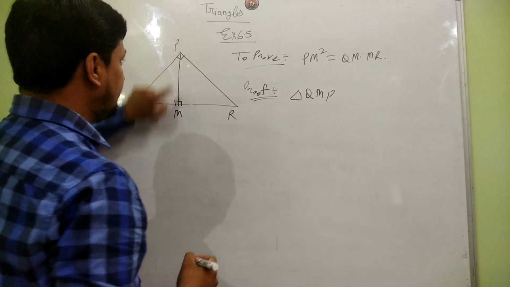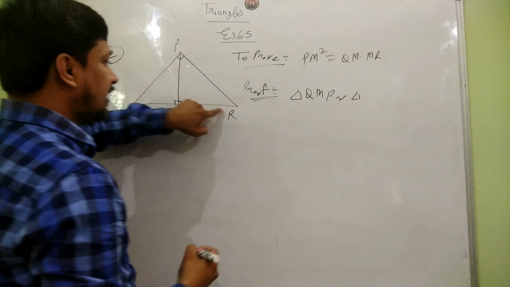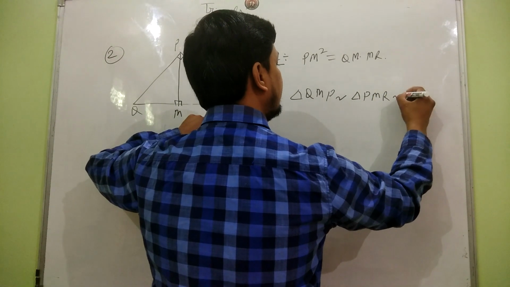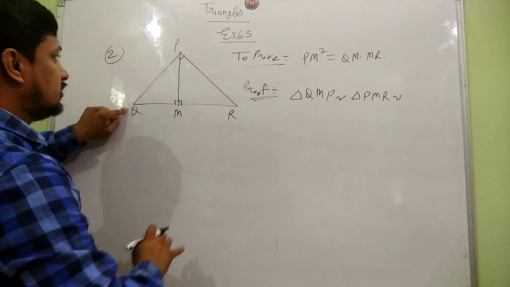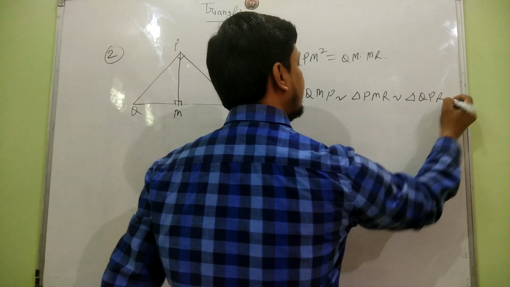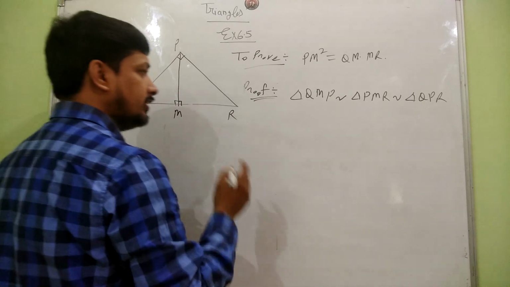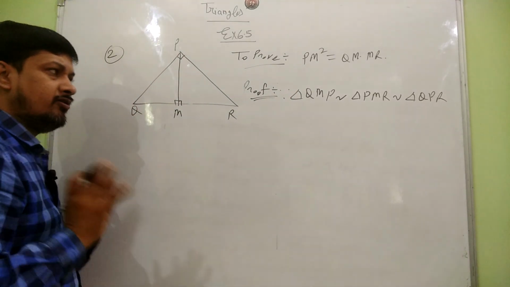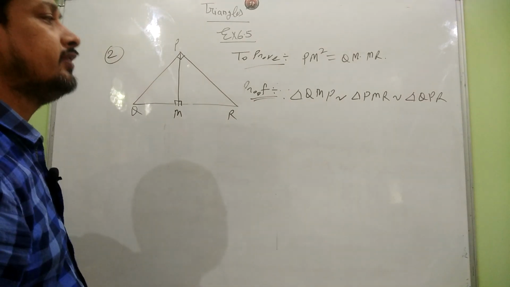So, triangle QMP is similar to triangle PMR, and both the triangles will be similar to the whole triangle QPR. Q is corresponding to Q and R is corresponding to R. Okay, this we know.